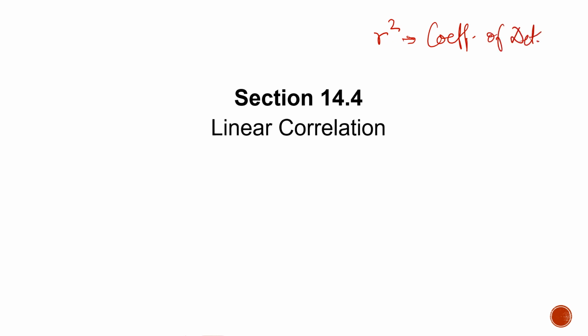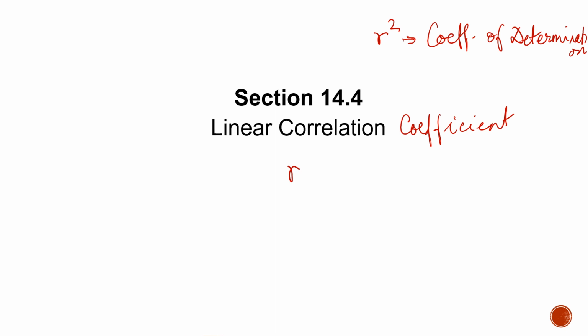Now we are going to talk about the linear correlation, also called the correlation coefficient. This is denoted by the letter R without the square.